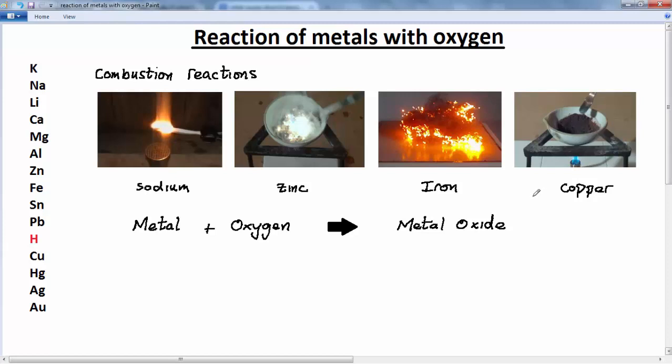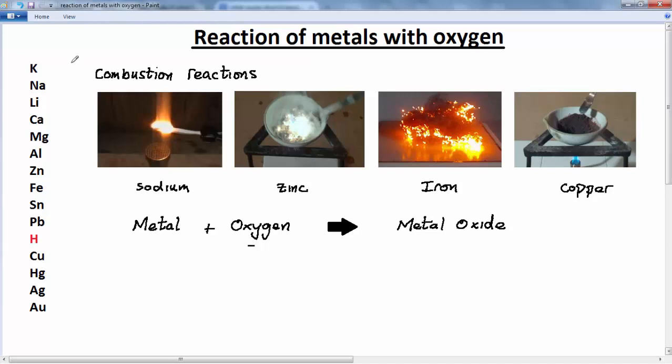So it slowly changes from the brown copper dust or copper powder into black copper oxide powder after 2 or 3 minutes of heating. Now, you can see these reactions if you go to the practical demo section on reactivity series and look at the reaction of metals with oxygen.